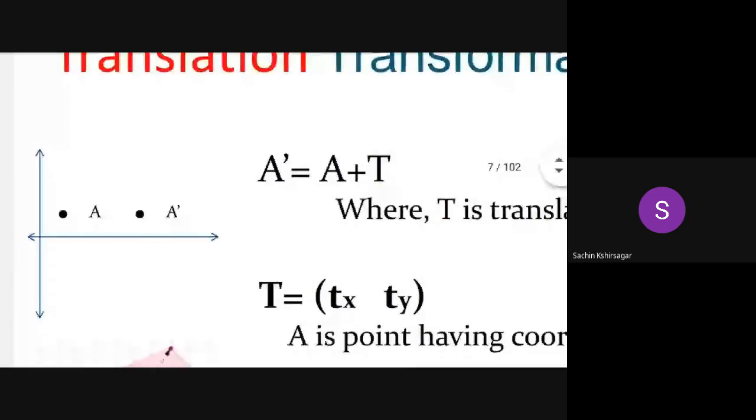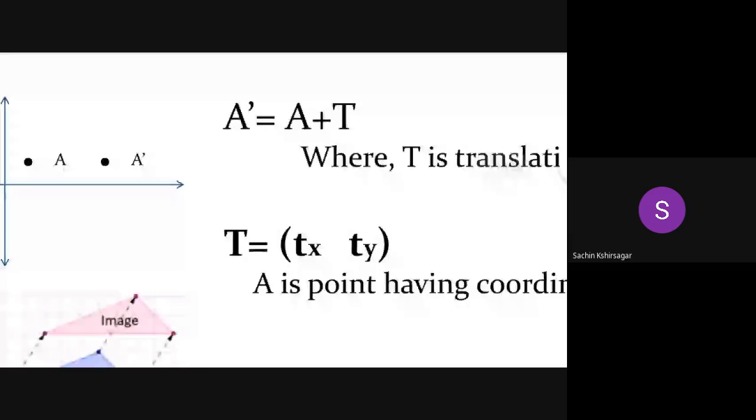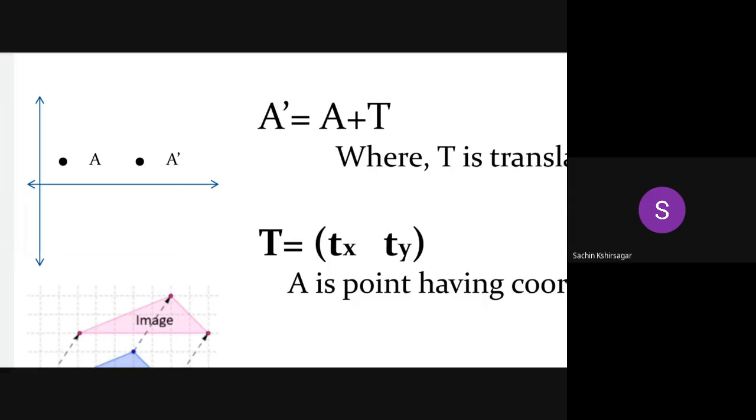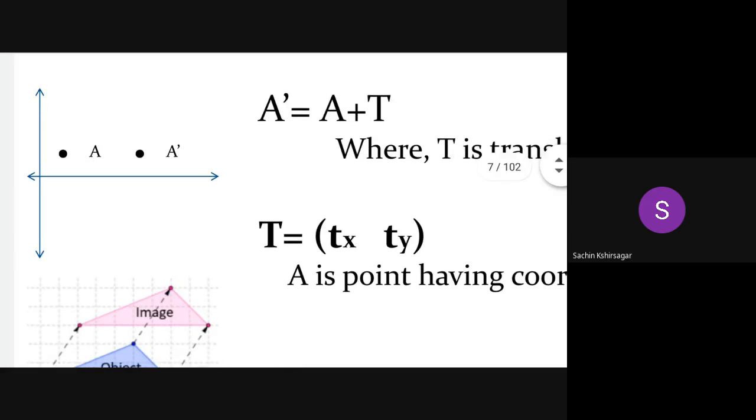In terms of Tx and Ty for the translation, Tx is the distance in x and Ty is the distance in y. For an object we move from the origin to a new position, the translation is the distance between 2 points, Tx and Ty. We have already discussed that.